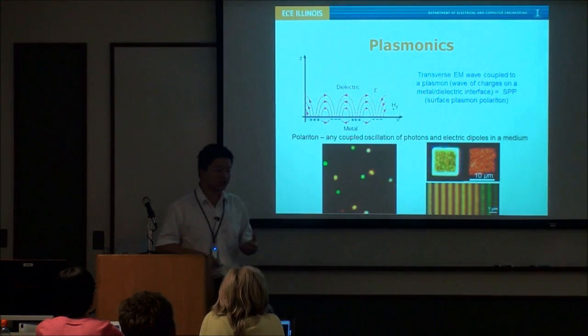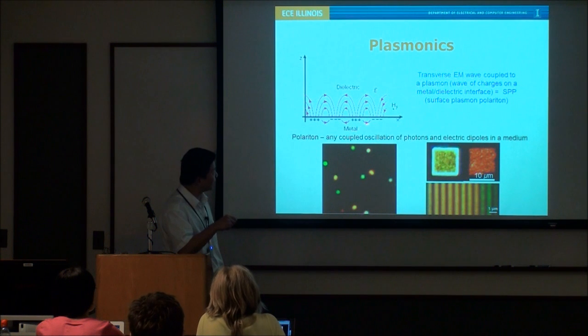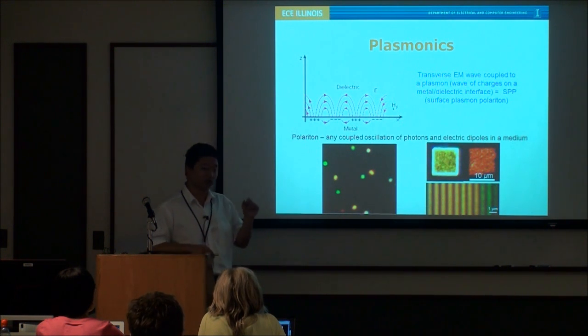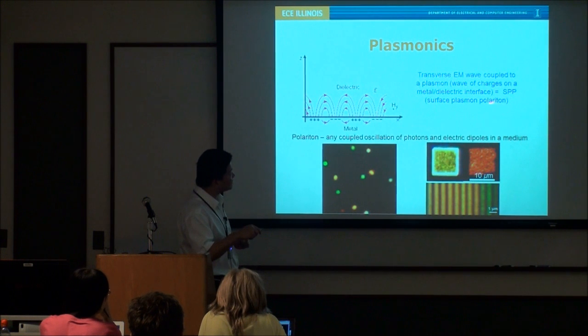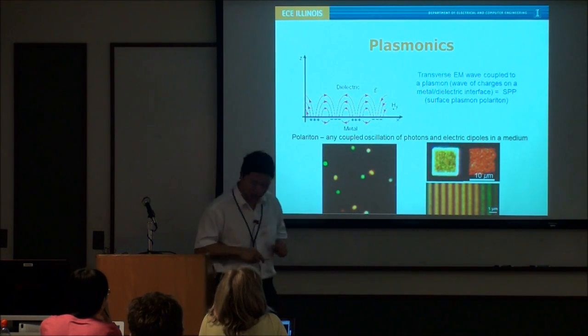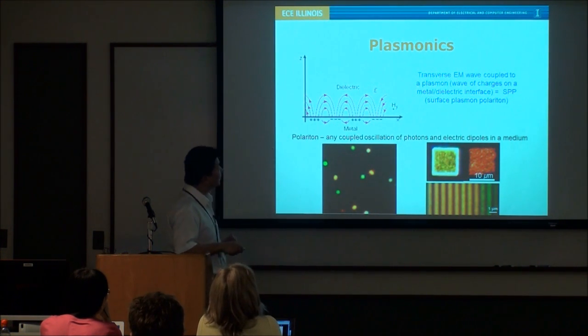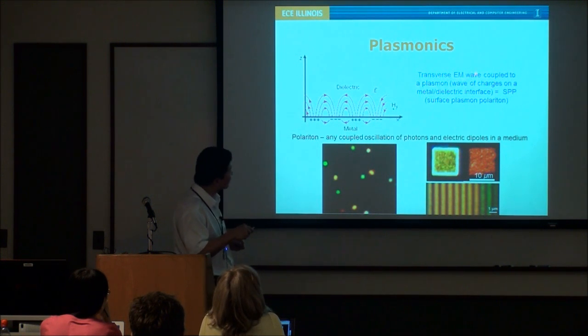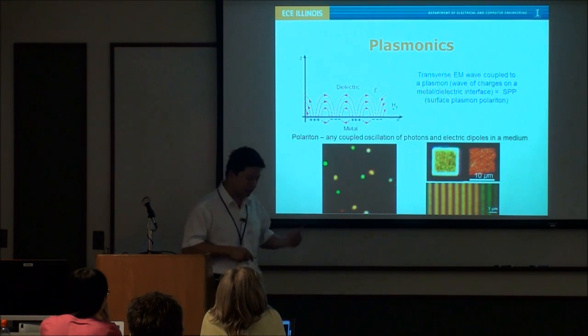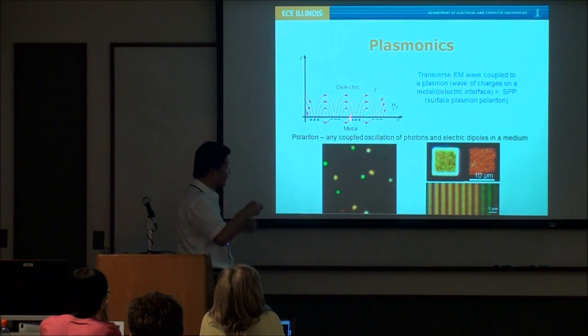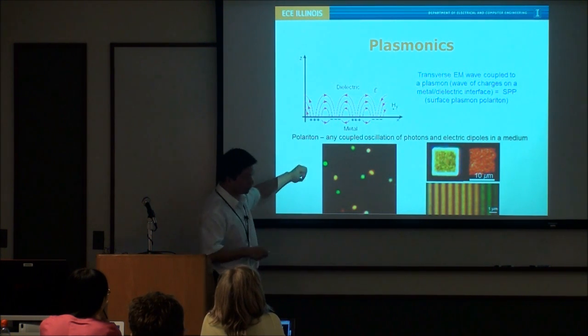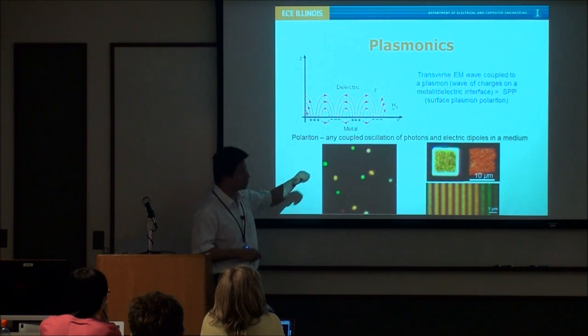However, the wavelengths can definitely be controlled by the property of the metal as well as the structure of the metals. And here is something we call SPP, or surface plasmon polariton, which is basically a transverse EM wave. In this case, it's a transverse wave where the E field is in the plane, and the H field, the magnetic field, is perpendicular to this plane.